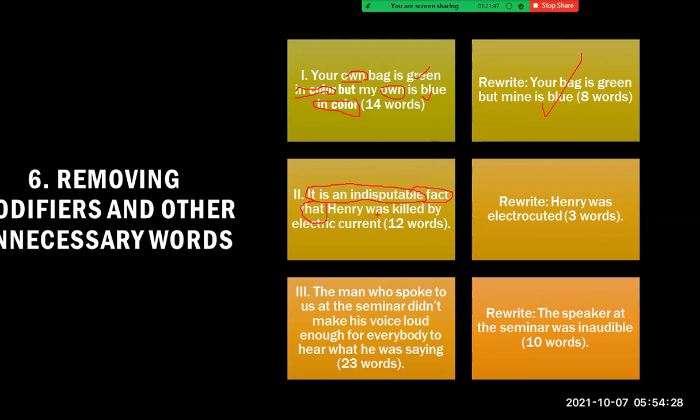The fact is that Henry was killed by electric current, but then "killed by electric current" can be replaced by the word "electrocuted". So we rewrite this: Henry was electrocuted. This is how we reduce 12 words to only 3 words.